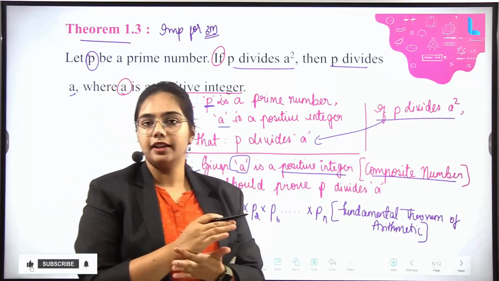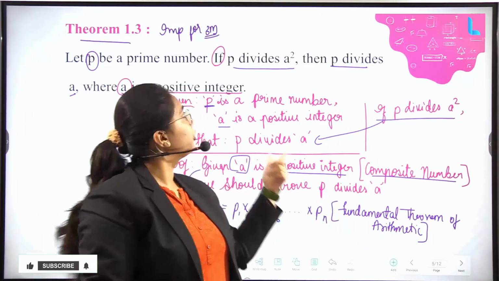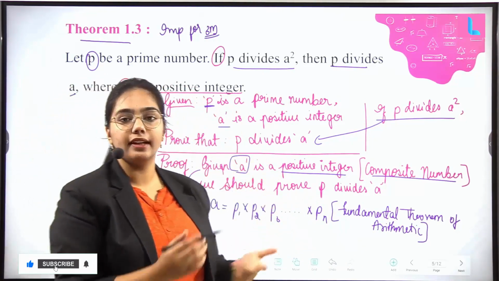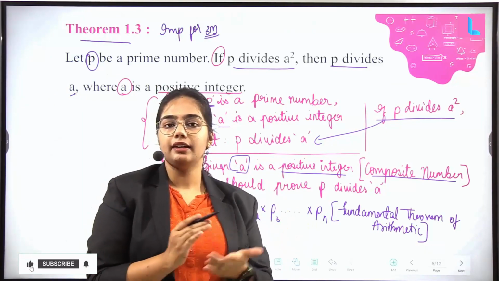In case we had a certain number, we could have represented that as a product of primes. But here, to prove this theorem, we have not taken any numerical example. Using the alphabets only, we have to try and solve.